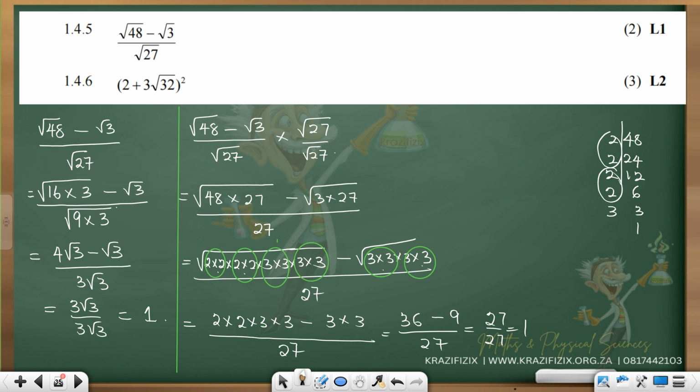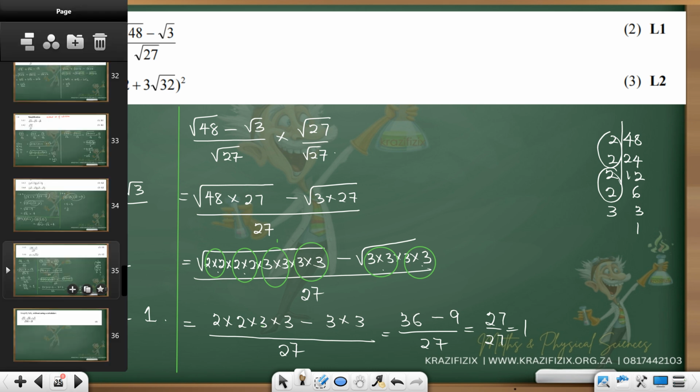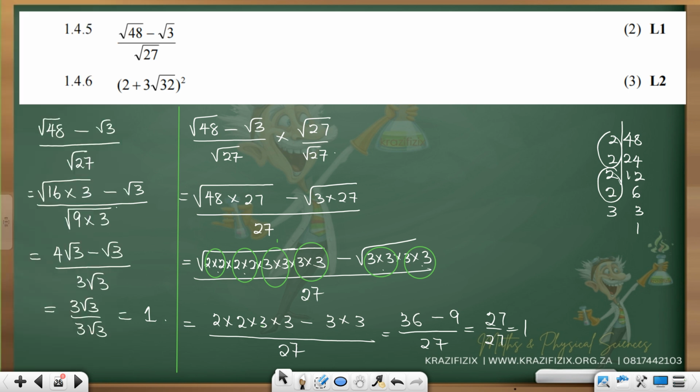All right, 1.4.6. I don't know if you want to write that down, but we are foiling. I don't think that should be so much work to do.